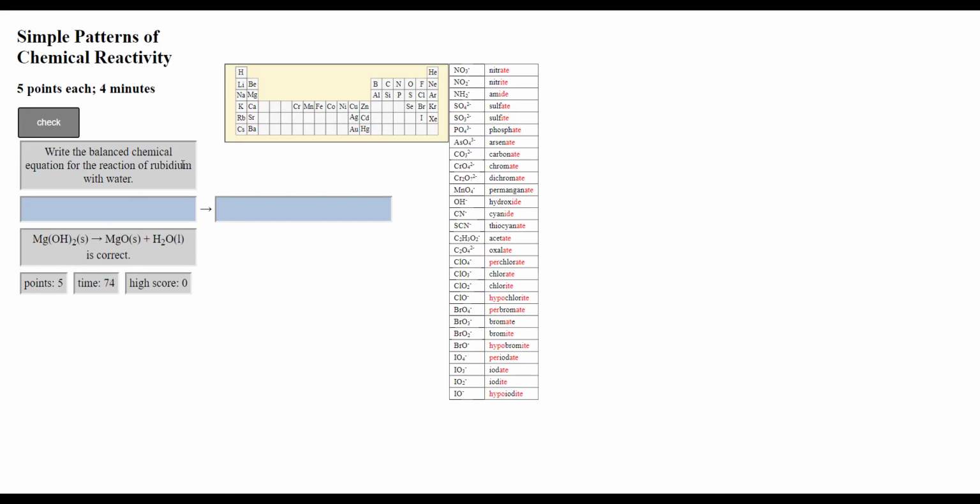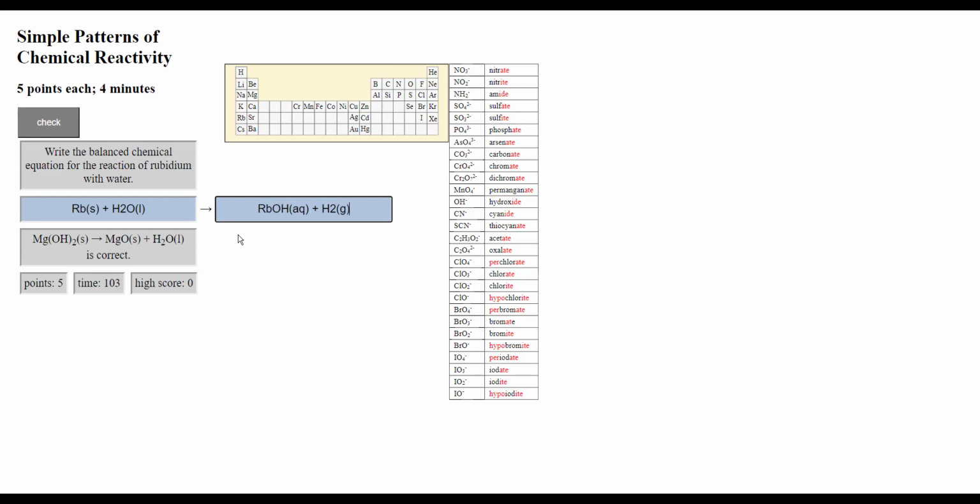Let's try another one. Write the balanced equation for the reaction of rubidium with water. So that's rubidium, Rb, which is a solid at room temperature, plus water. And what does that make? Well, here they don't tell you what the trend is. You have to remember that this makes rubidium hydroxide, which we're always going to assume is soluble, so we'll put an aq next to every one of those, plus it makes hydrogen gas.